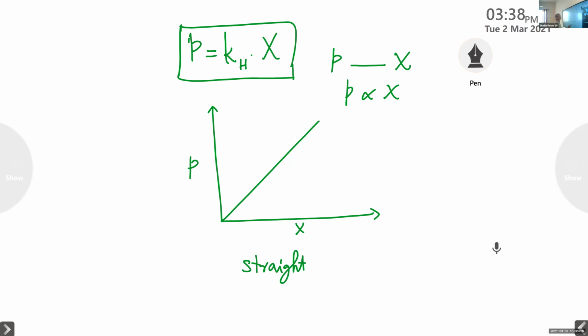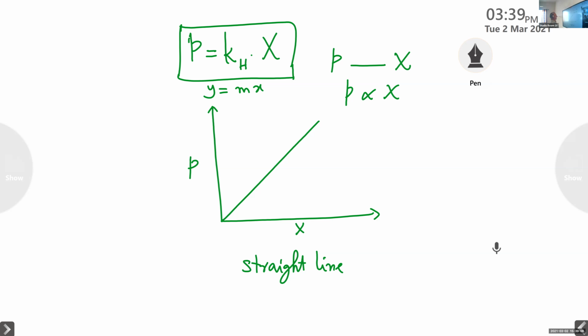So when the mole fraction of the gas X is plotted against the vapor pressure of the gas P, we get a straight line. It passes through the origin because P is equal to Kh into X. That is similar to y is equal to mx, the equation for a straight line passing through the origin.